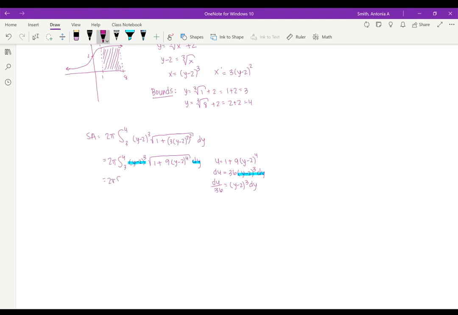So we have 2 pi integral 3 to 4, instead of y minus 2 to the third dy, that will end up being du over 36. And then we just have the square root of u, which is u to the 1/2. I can bring that 36 out front, so it's 2 pi over 36 integral from 3 to 4 of u to the 1/2 du.